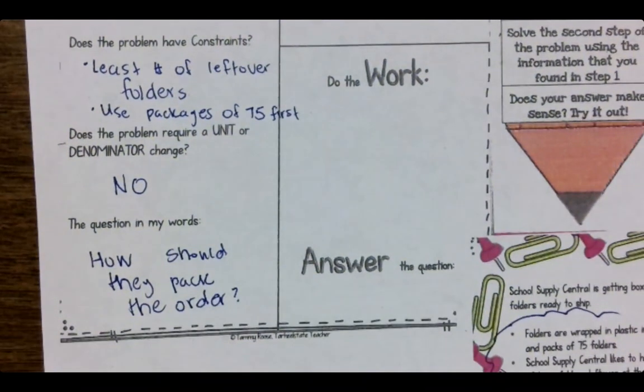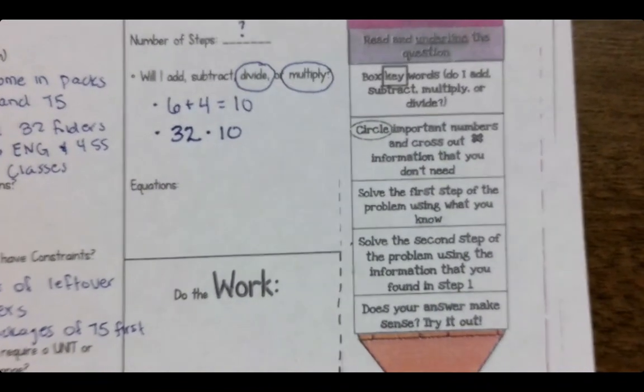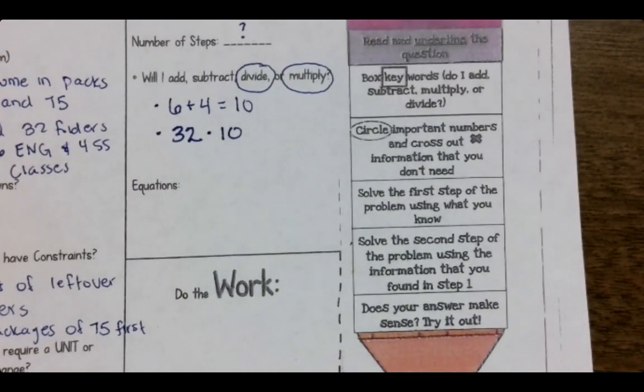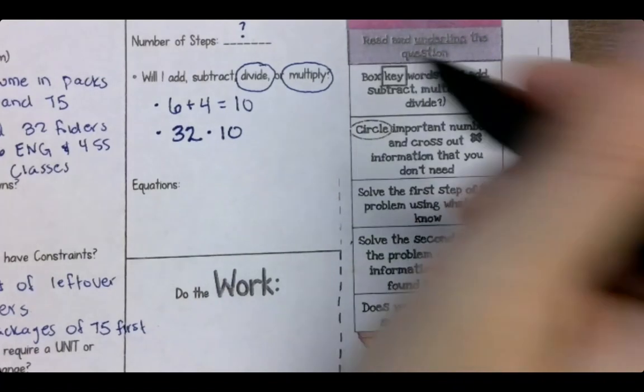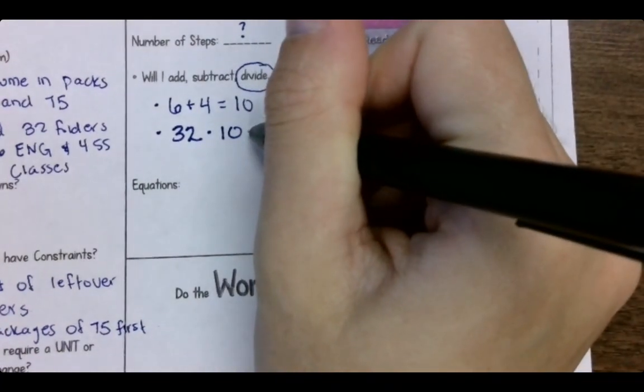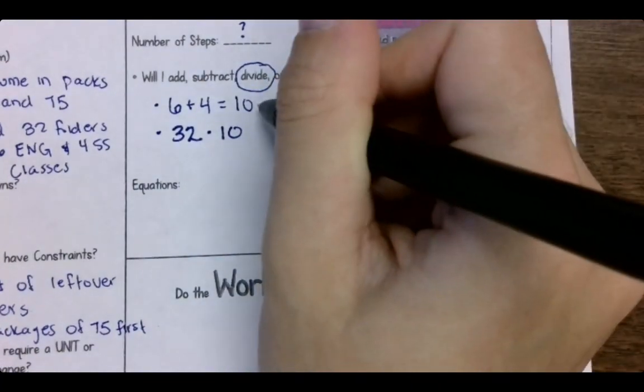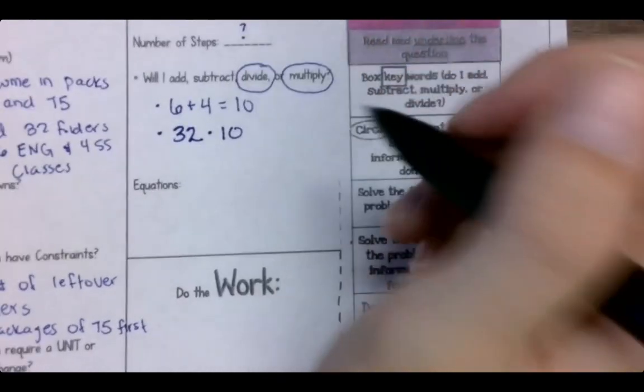They wanted us to use the package of 75s before we went into the 25s. So we're definitely going to need to figure out what 32 times 10 is. This one was really easy, so we can do that.